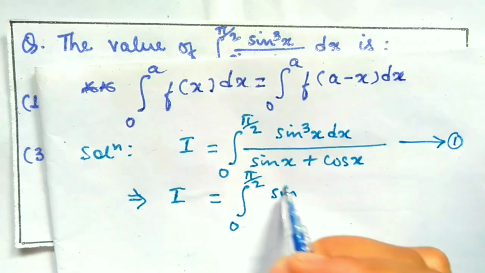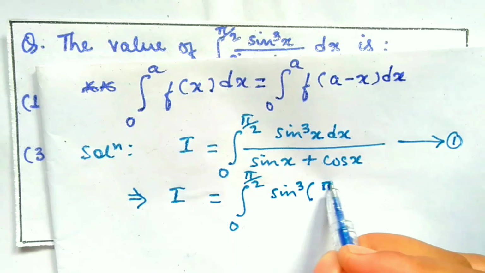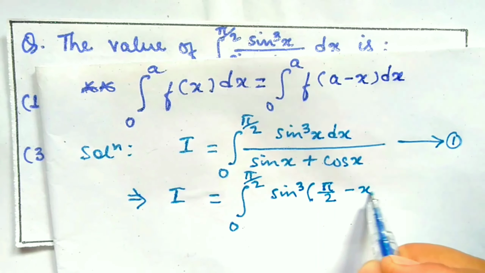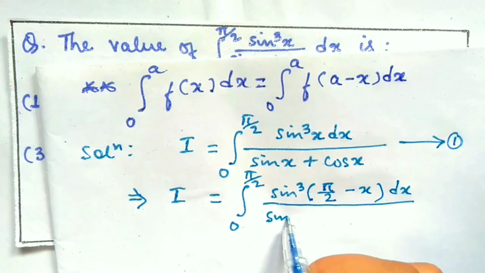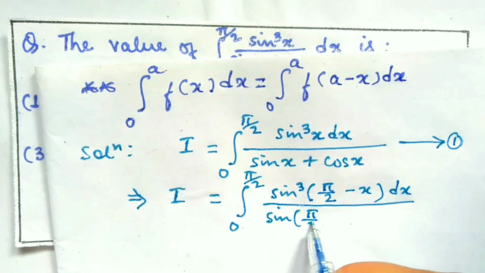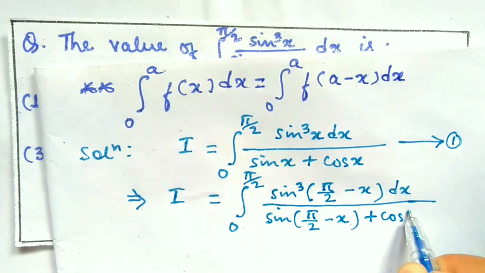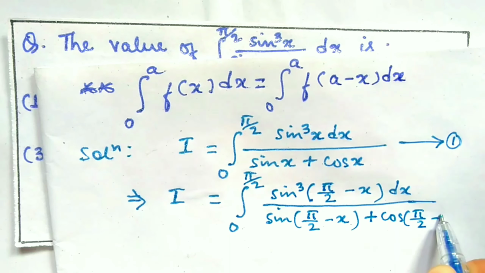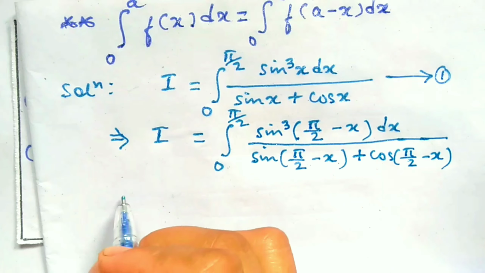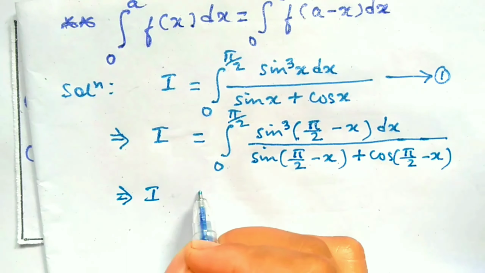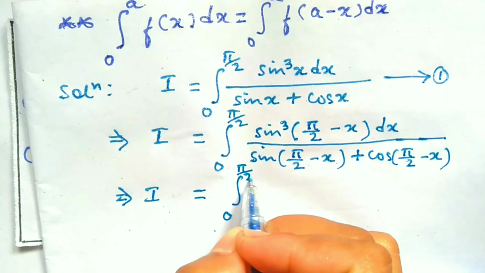We have sine cube of (pi by 2, which is a, minus x) dx divided by sine of (pi by 2 minus x) plus cos of (pi by 2 minus x). Implies integral I is equal to 0 to pi by 2.